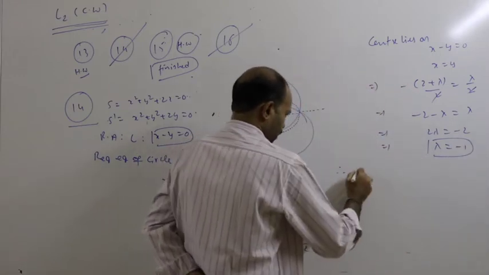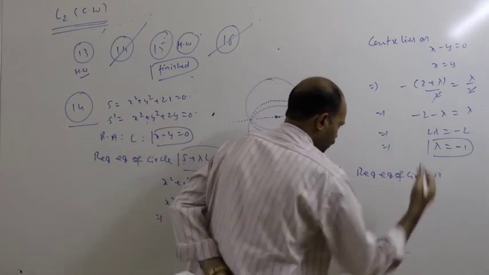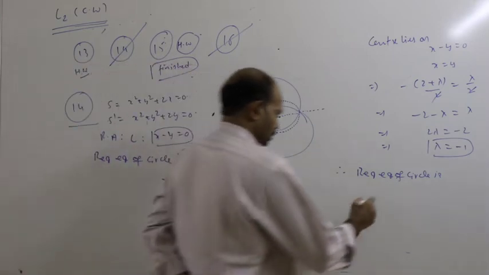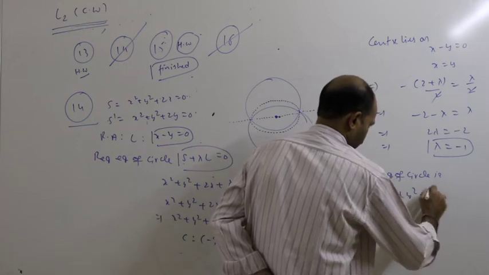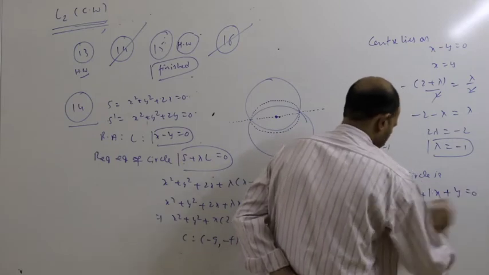Therefore, the required equation of circle is x square plus y square plus (2 minus 1), that means x, plus 1y is equal to 0.